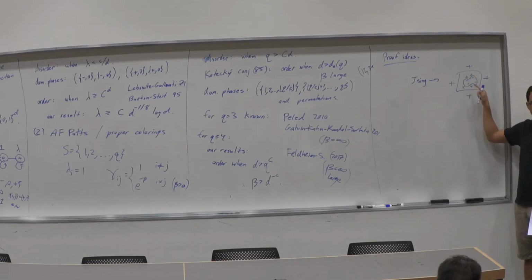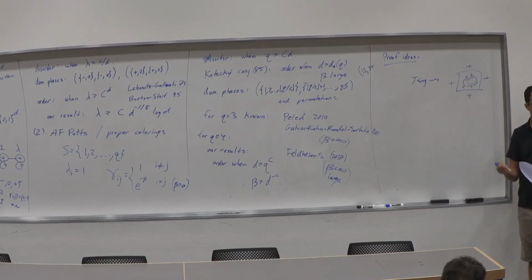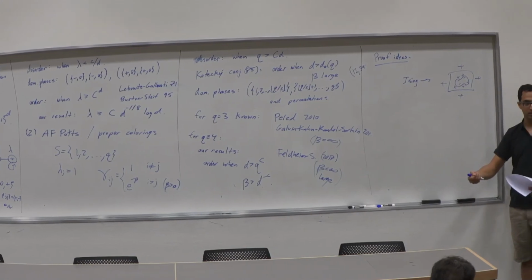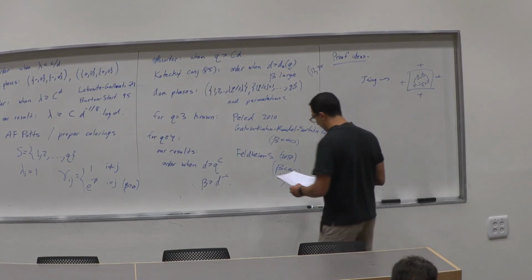Every time you have a plus next to a minus, it costs you something. If you flip all the spins inside, you gain this energy. So the probability of a contour is small. And if the temperature is sufficiently small, then you can make this probability very small, small enough to combat the number of contours. And then you just do a union bound and you're done. So this is the general idea.